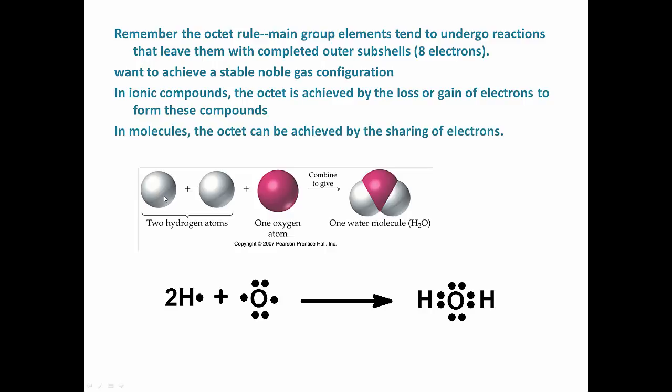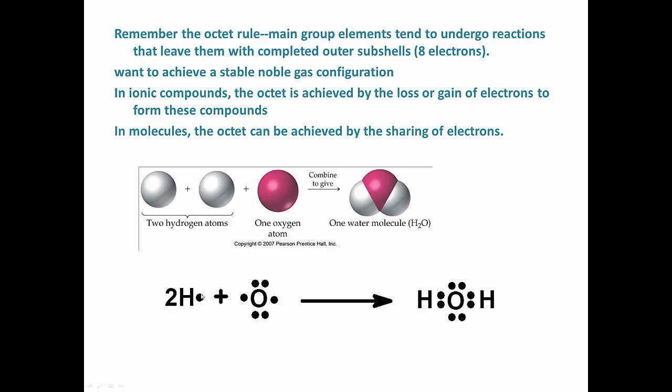So for example, we have 2 hydrogen atoms and 1 oxygen atom that combine to give 1 water molecule, good old H2O. We know that the valence electrons are the ones that take part in bonding.